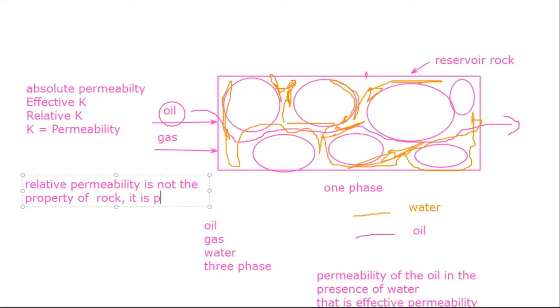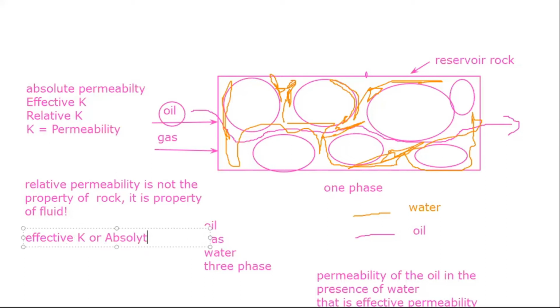It is the property of fluid. Even many professors, and from good universities, don't know this. We need to find this out. And effective permeability or absolute K is the property of the rock.